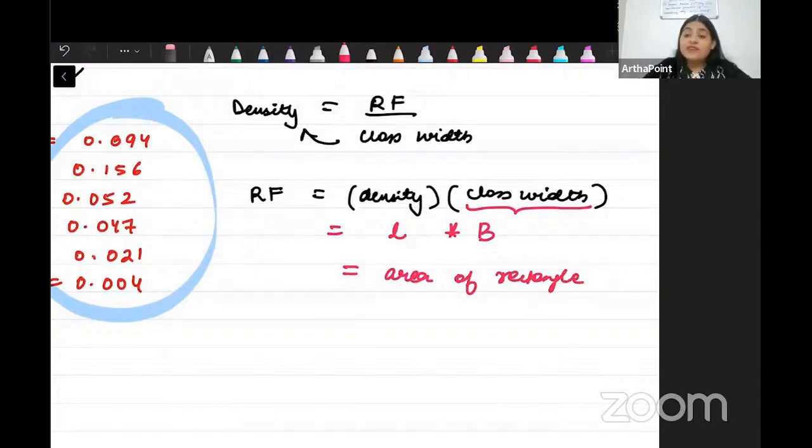So this is a very, very important conclusion. Again, very important for your MCQ part, that the relative frequency is equal to the area of the rectangle in histograms.